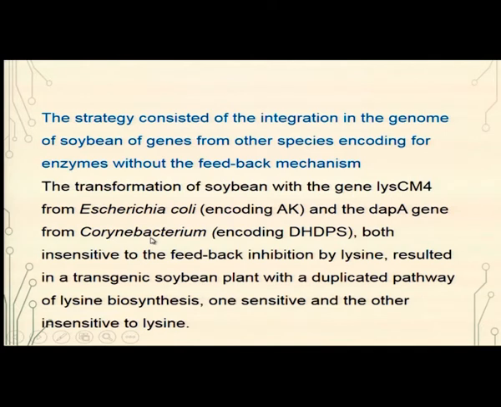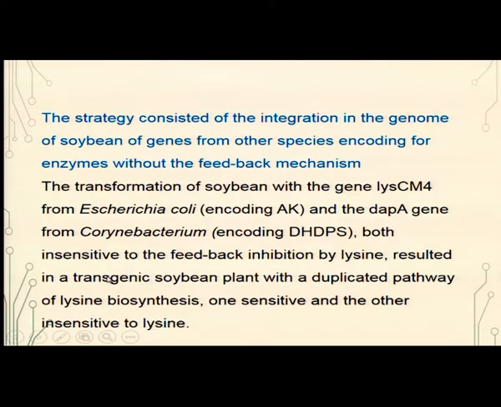Hence, the forward mechanism, synthesis of lysine, stops. And when lysine content decreases below the threshold level, the feedback inhibition is lifted so that lysine synthesis happens. But when we use the genes which have been taken from Escherichia coli and Corynebacterium, these are not sensitive to the presence or the level of lysine.